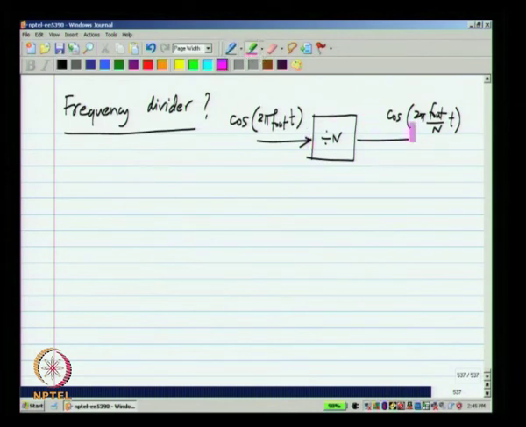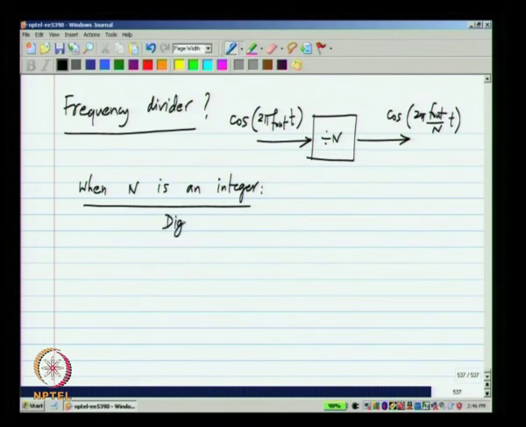Now, there may be many ways of doing this, but the most convenient when n is an integer is to use a digital counter.